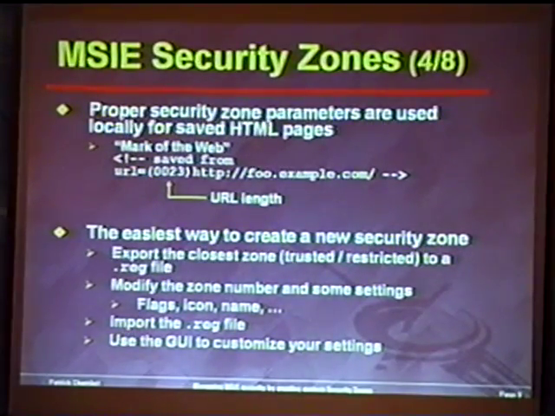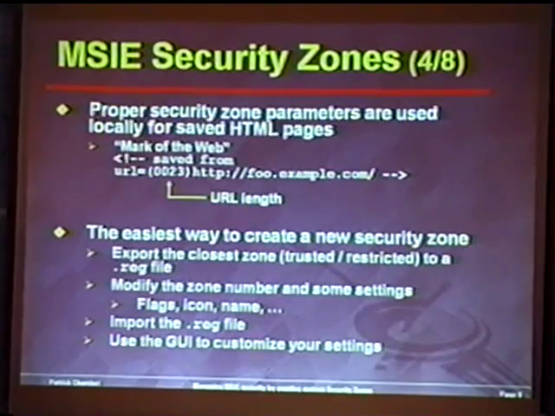It's a tag like an HTML comment: saved from URL equals, you have the URL length and the URL used to open the page. So if you put foo.example.com in the restricted security zone, then when you open your local HTML page, it will be opened as if it was in the restricted zone. It can be useful.